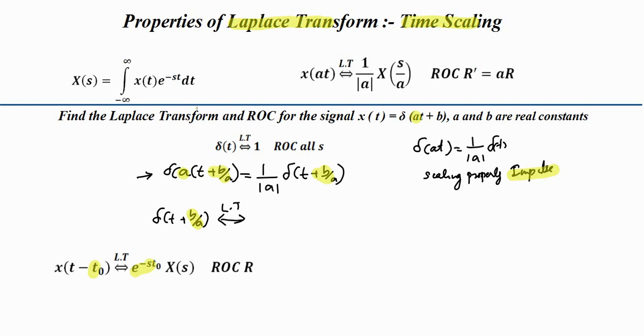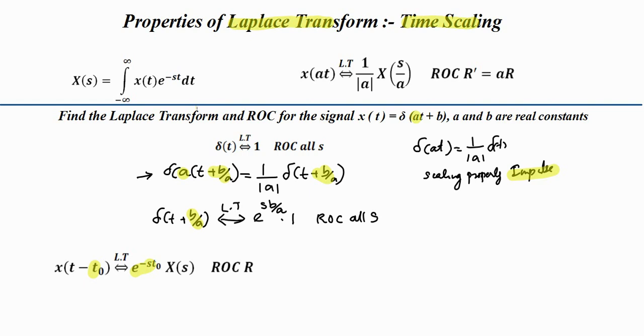So I can write e raised to s into b by a, into the Laplace transform. The Laplace transform of del of t is 1, so we can write 1. When you apply the time shift property, there is no change in ROC, so ROC is all s.